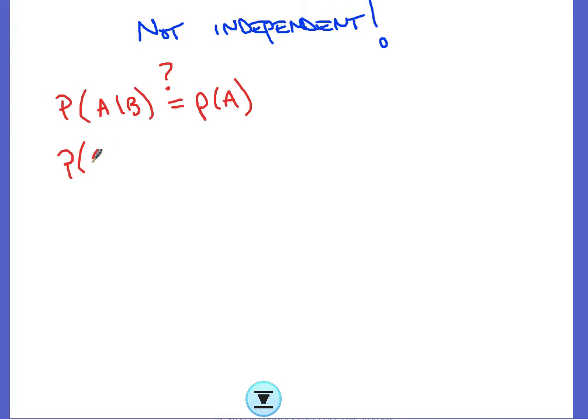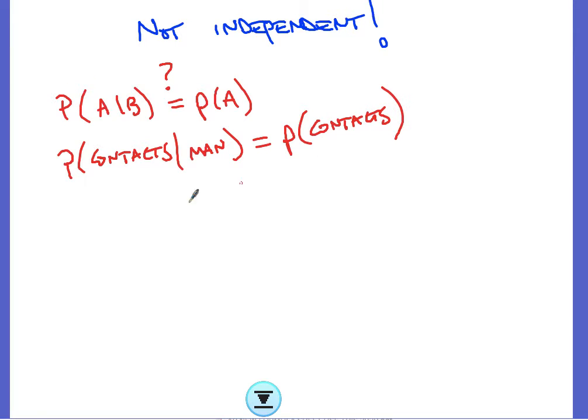Probability of wearing contacts given being a man should, if they're independent, equal just the probability of wearing contacts. And we found in the last problem that this probability of wearing contacts given being a man, we found on the last page that that was 0.0416. And does that equal the probability of wearing contacts?